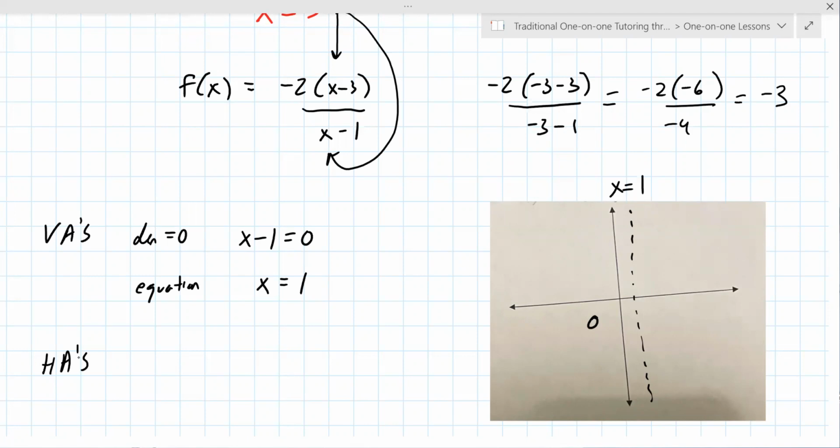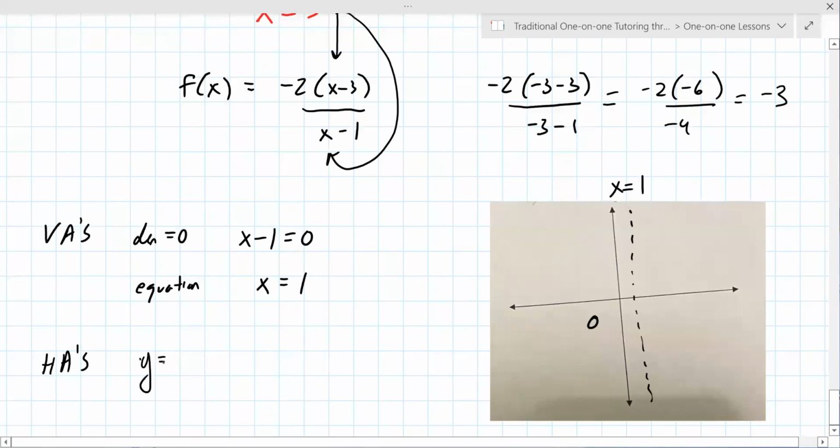Would it be y equals, wouldn't it be a -2 over x? It doesn't have x in it. Oh, 1. Yes, very good. Yeah, it's the ratio of the leading coefficients. Okay, so you gotta be careful how you made this circle. Let me just move mine down just a little bit, just to make it really clear. Yeah, it's there. There's the y equals -2.